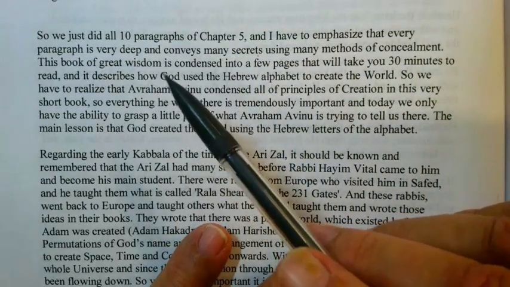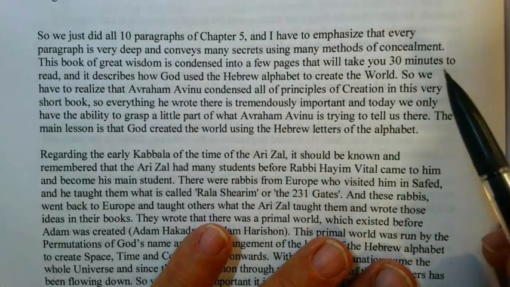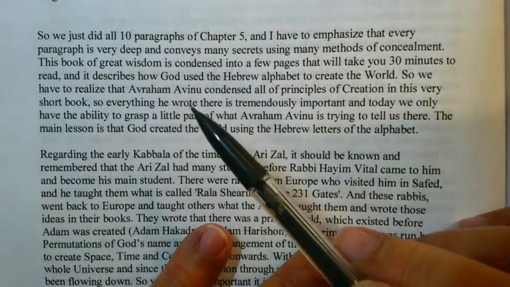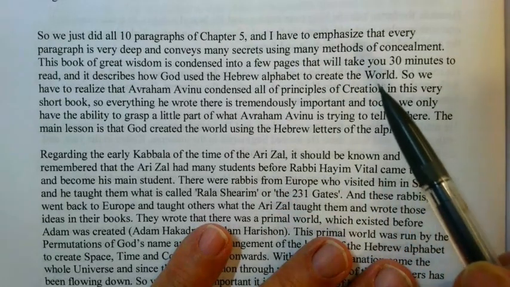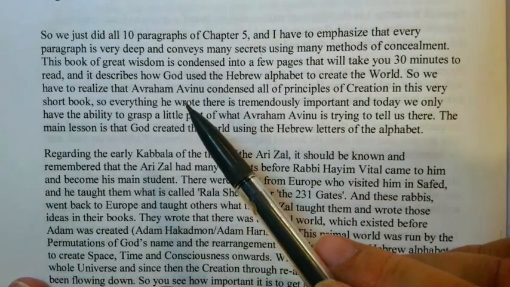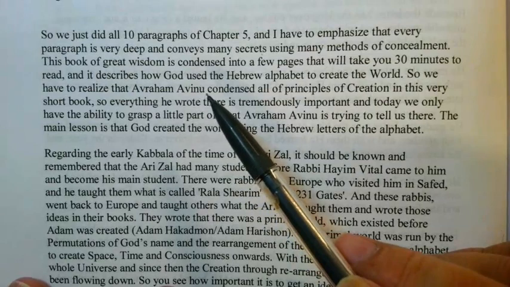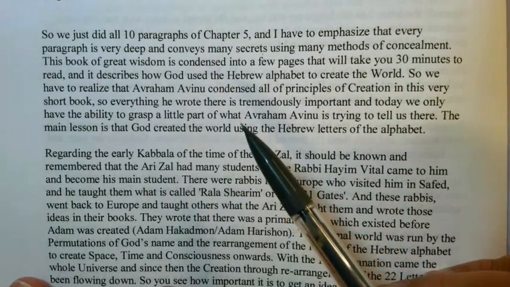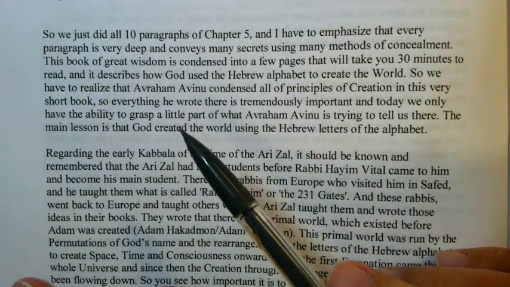This book of great wisdom is condensed into a few pages that will take you, say, 30 minutes to read. And it describes how God used the Hebrew letters to create the world. So we have to realize that Avraham Avinu, our father, who's the beginning of what we call Jewish thought, or the Jewish Torah, condensed all of the principles and creations in this very short book.